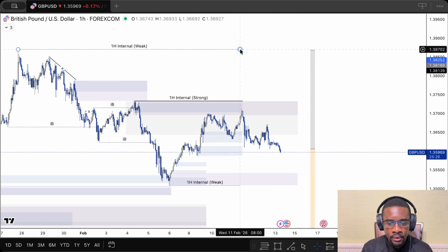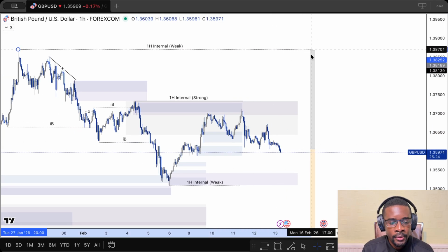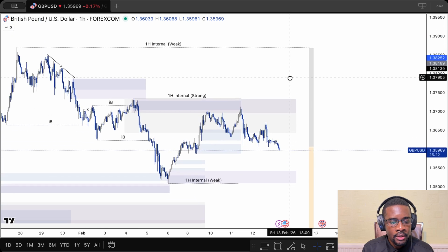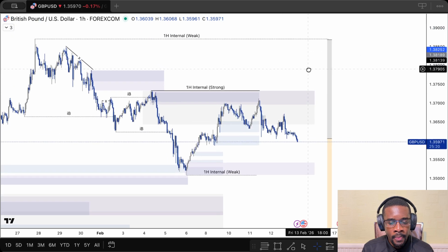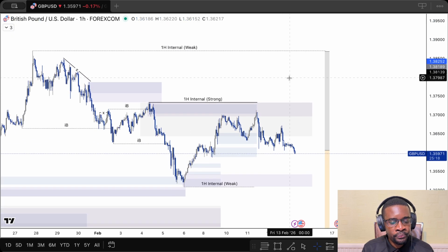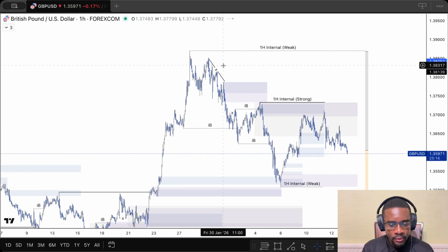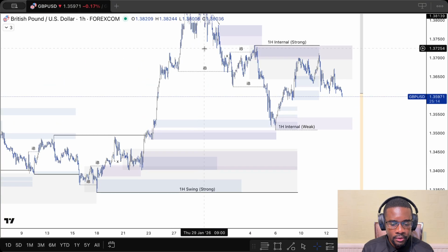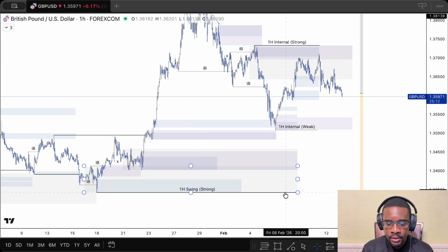Then looking at the 1 hour, of course, we have our week high. This is our swing at the bottom.